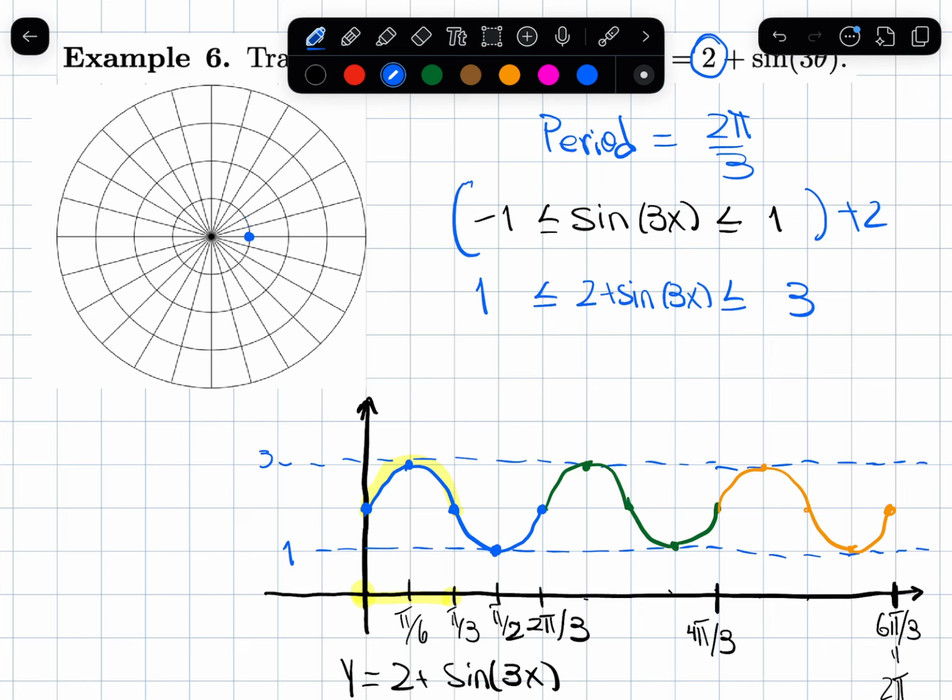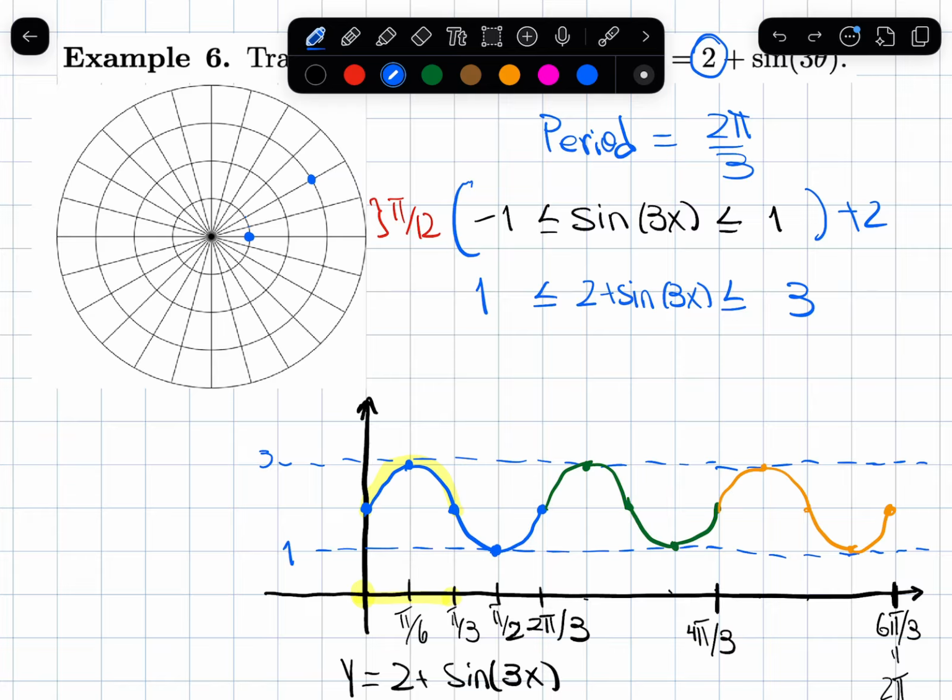So again, I'm going to measure my pi over 6, and this is going to be 3 right here. Each of those on my grid is pi over 12. So to get pi over 6, I need 2 of these. So my curve is doing this. We're connecting these dots as we increase to 3. And you can see this sort of looping behavior there.